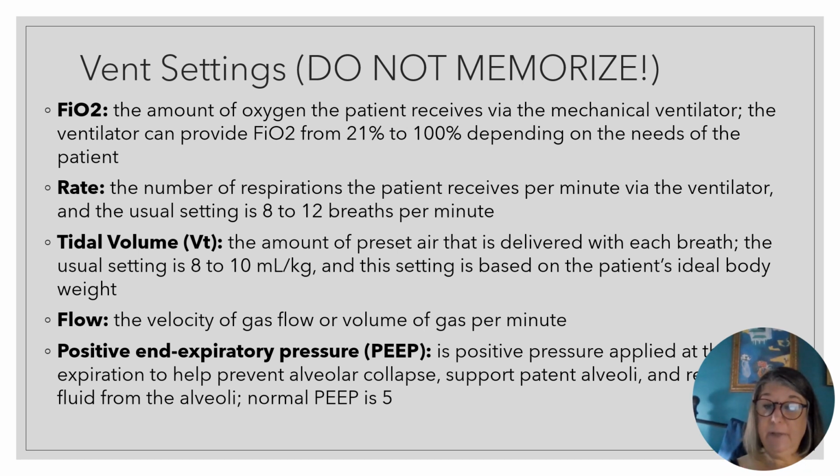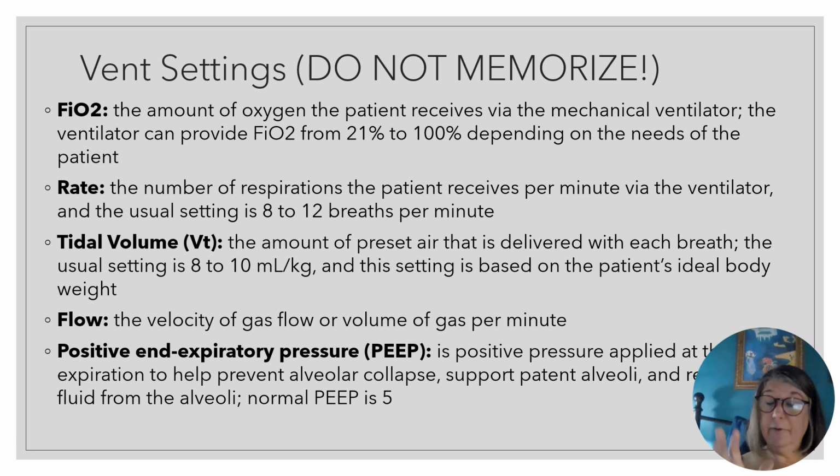And then the PEEP, positive end-expiratory pressure. So normal PEEP is 5. PEEP is what keeps our alveoli open, all right? So PEEP is pushing against the alveoli to keep them open and inflated.